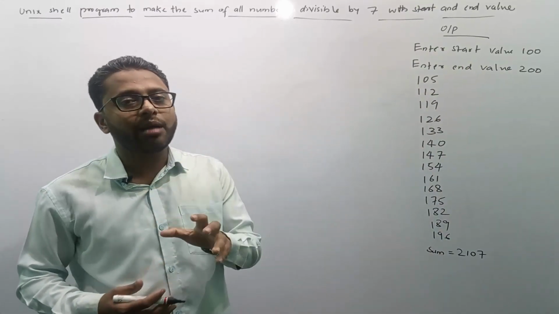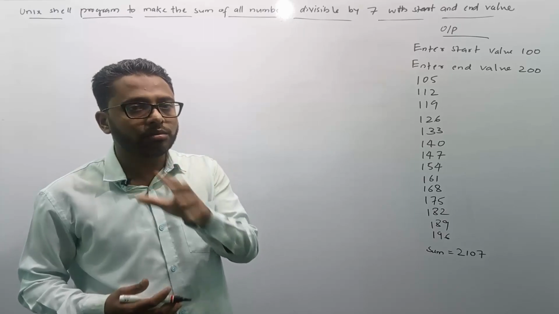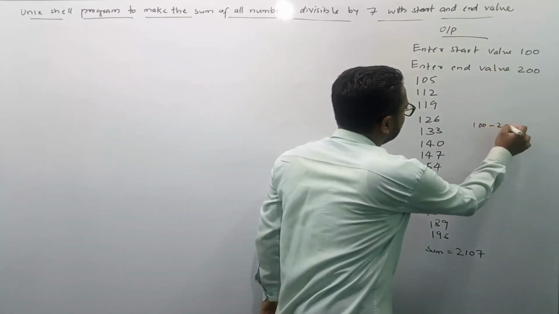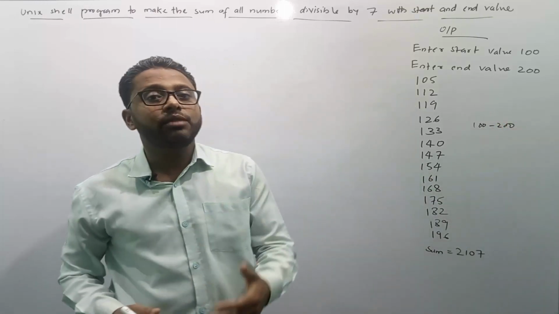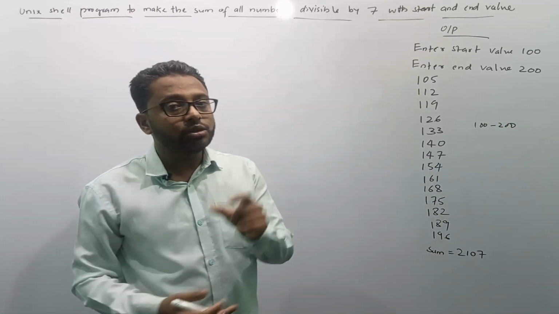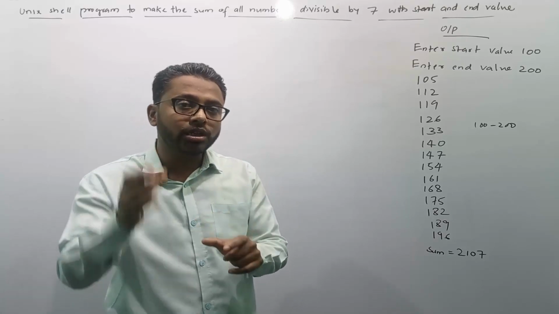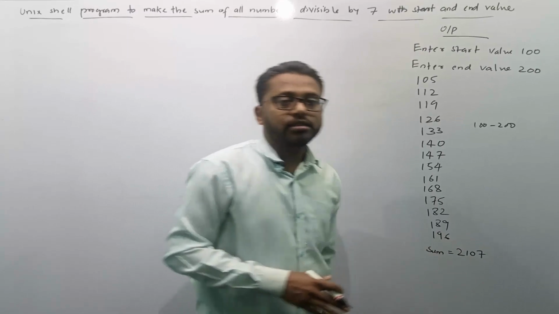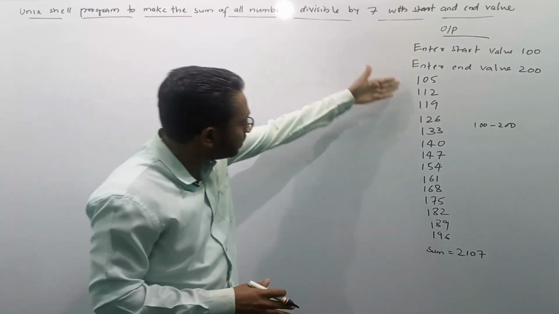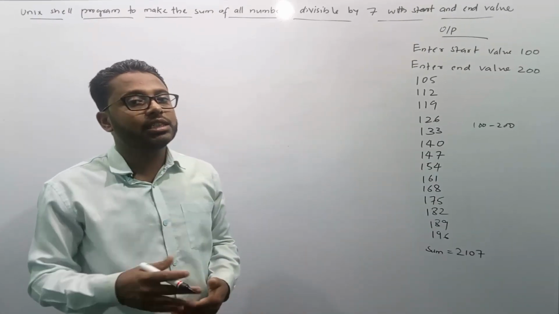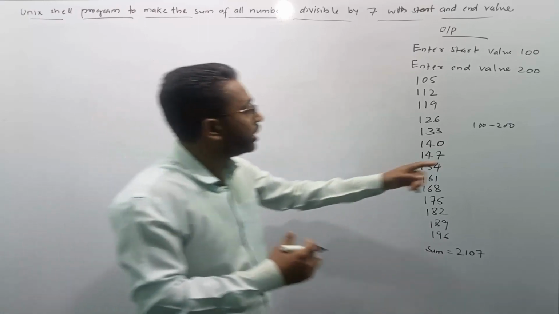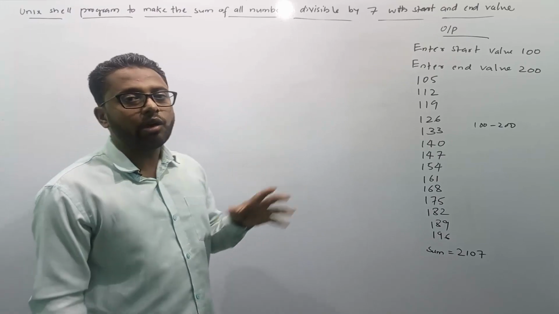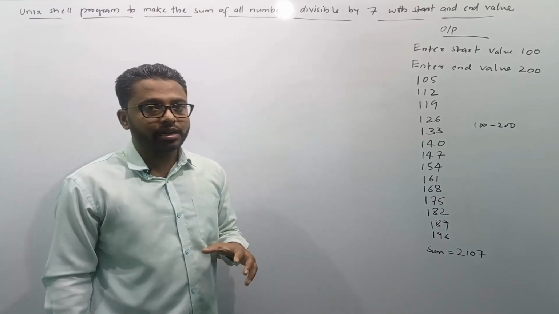Then your program needs to find all those numbers which come within the range of 100 to 200 which get divisible by 7, and you need to make the sum of only those values which get divisible by 7, and you should get this sum. And these are those numbers which get divisible by 7 and which come under the range of 100 to 200. So now just by looking at this output, what do you think, how many variables are required?